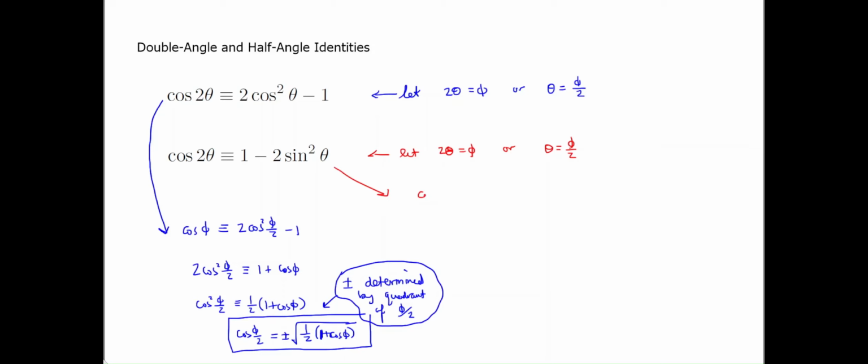So in that case, we're going to have cosine phi identical to 1 minus 2 sine squared phi over 2. Okay, let me put that negative term, sine squared term, on the left where it becomes positive, and then the cosine phi term on the right where it becomes negative. Okay, so next, sine squared phi over 2 equivalent to 1/2 (1 minus cosine phi).